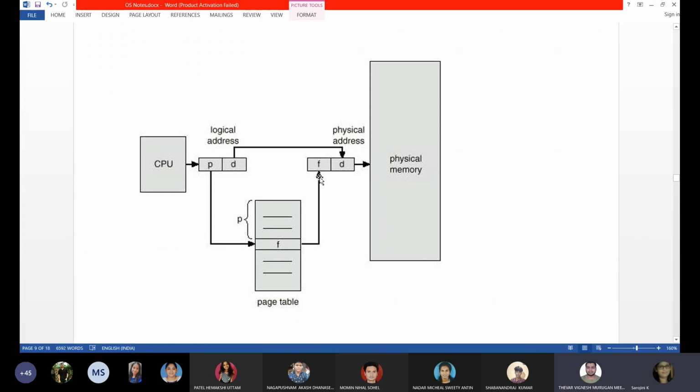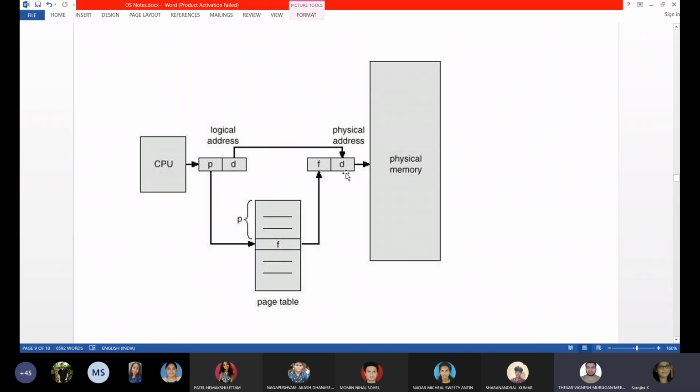Now, assume that the frame is a 4 KB frame. Inside the frame we also have to find exactly which byte the processor is referring to. This address is the same as this address: the same address given by the CPU goes here, with no conversion.